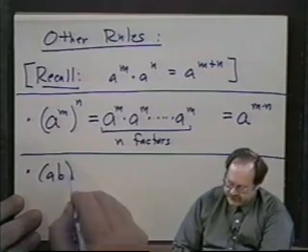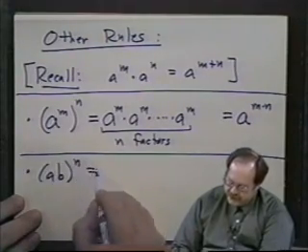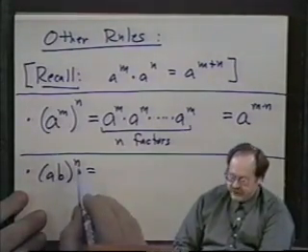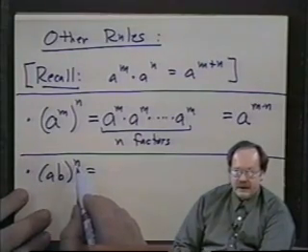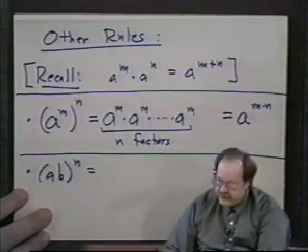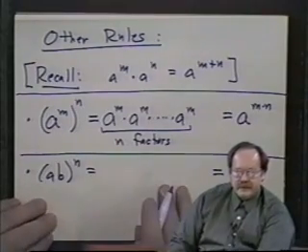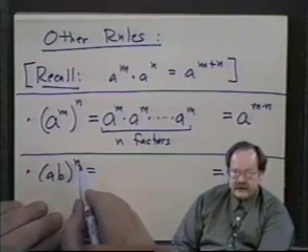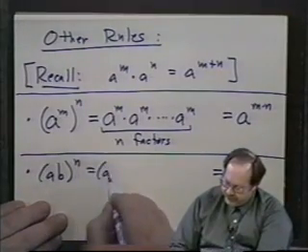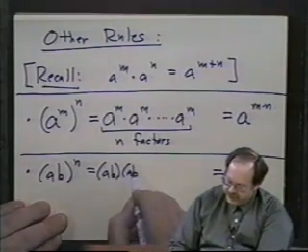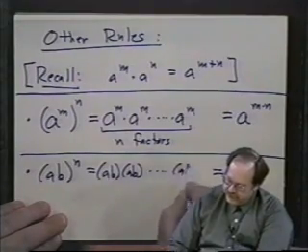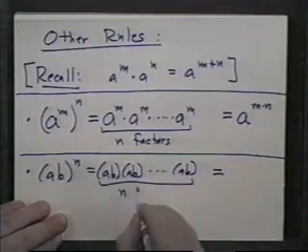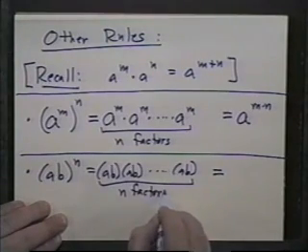All right, let's take another one. Suppose you have two numbers, a times b, a pair, multiplied together and then taken to the nth power. Well, before I write down the other end, let me put in the middle. What does this mean? It means ab, the quantity, is taken to the nth power, multiplied by itself: ab, ab, ab, n times, n factors.